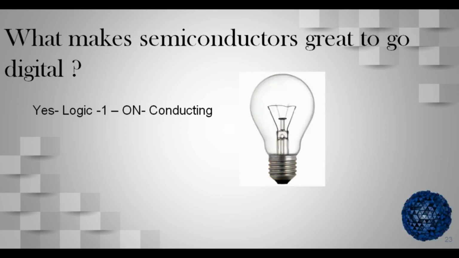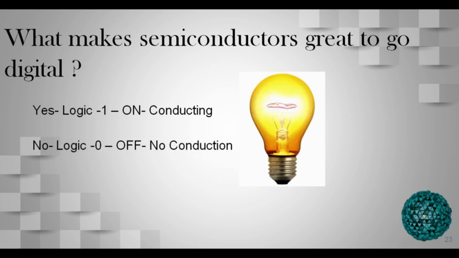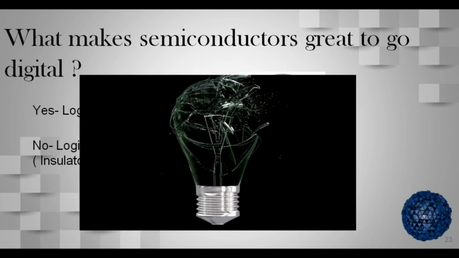And whenever I remove the supply given to my semiconductor, then it will be logic 0. That means no. That means there is no conduction. So, everything between on and off is considered as the digital logic of ones and zeros. That makes the digital system. And no conduction means it is an insulator. So, we use semiconductors because they have both the properties of conductor and insulator.